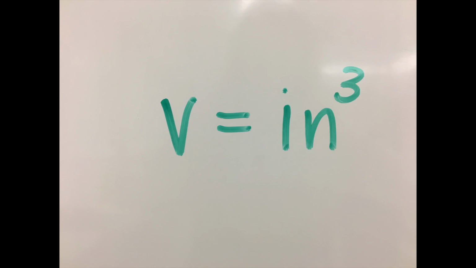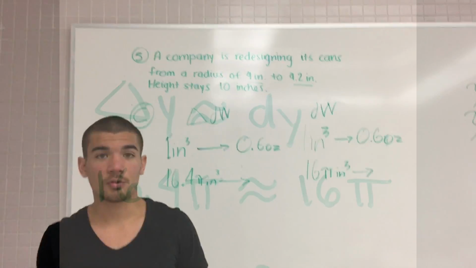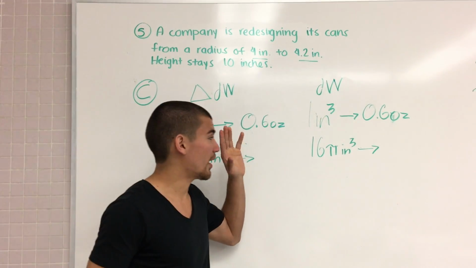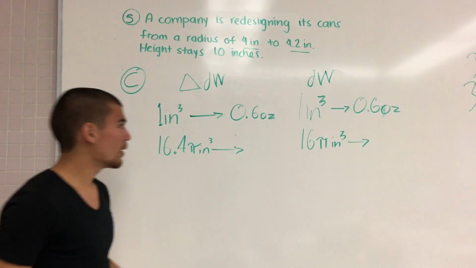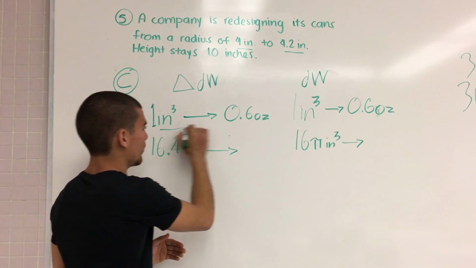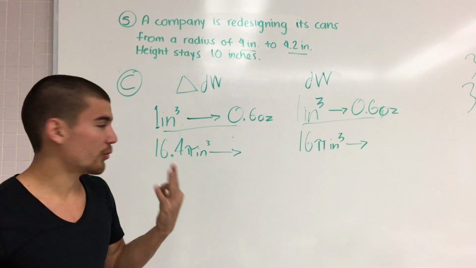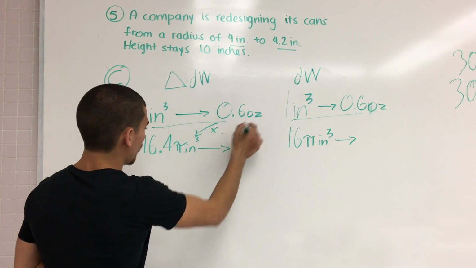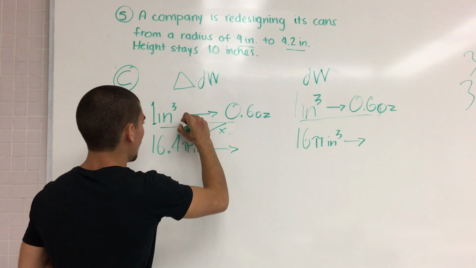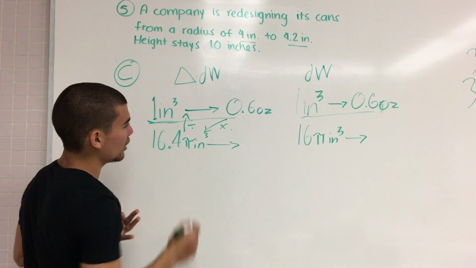Also, you need to remember that always the delta y and differential of y will be almost or practically the same. So now they're asking us the approximate and the exact change in weight and when we use delta and when we use differential. So all we have to do is we already have this information, so we're just going to cross multiply and divide, the rule of 3. So we multiply here 0.6 times 16.4 and then we divide that answer by our real 1 cubic inch.